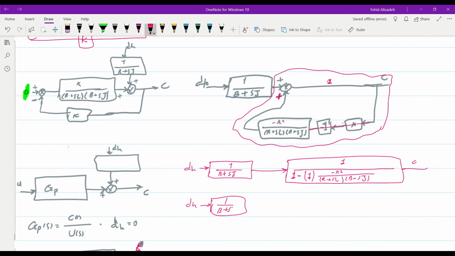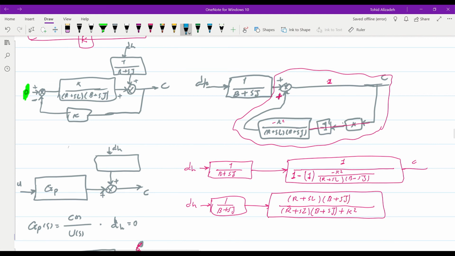the transfer function that I'm going to write down over here. So indeed we will have (R plus SL) times (B plus Sj) plus K squared, and at the numerator we will have (R plus SL) times (B plus Sj).